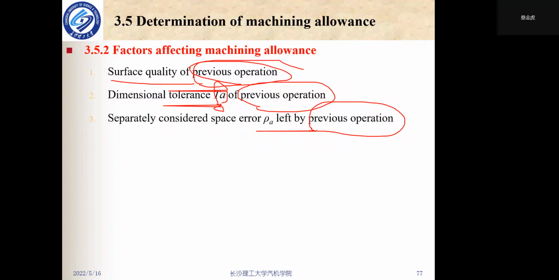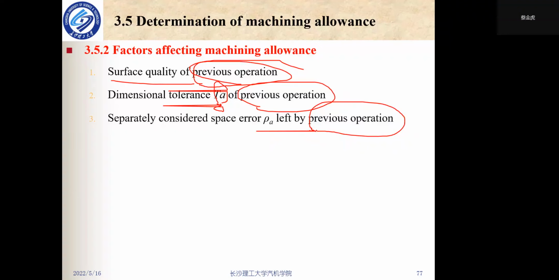These kinds of errors should be removed in the current operation, and the value of the space error rho A is related to the previous machining method.